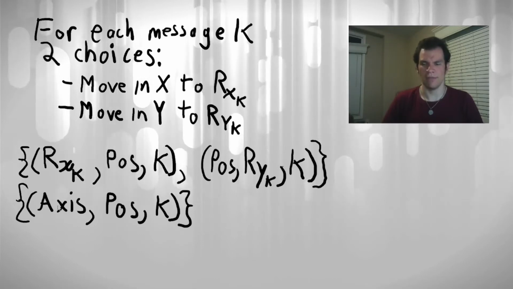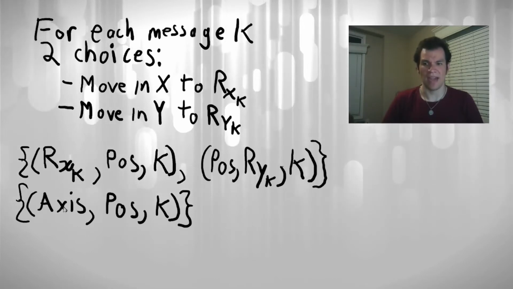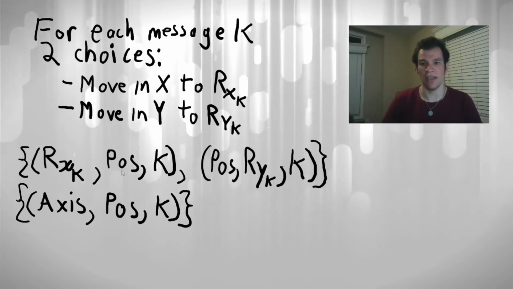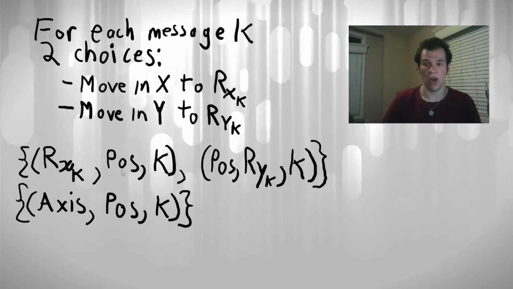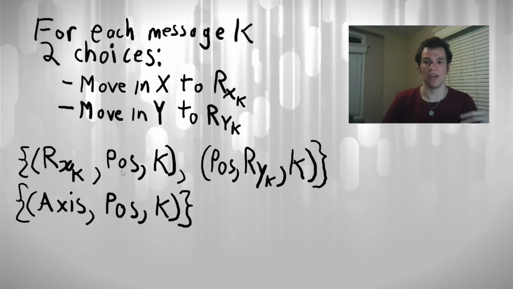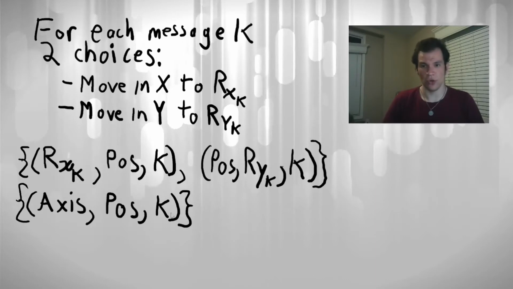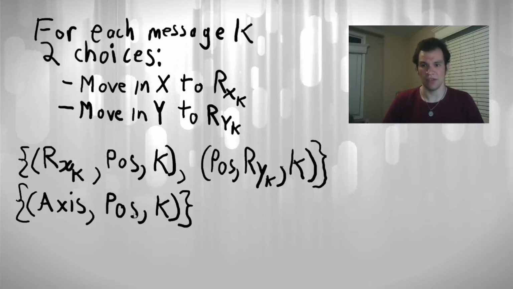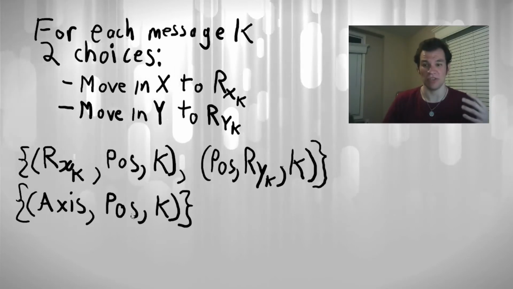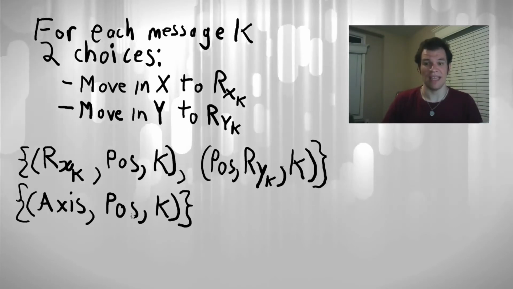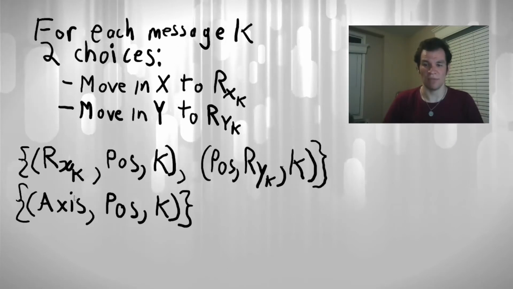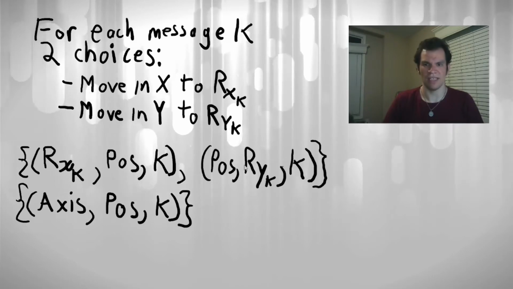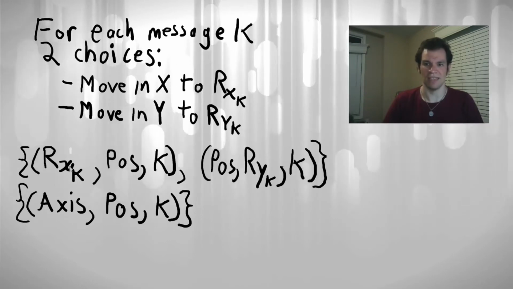Axis would mean if Hermes is matching the X position or the Y position of the next recipient. K would be the number of recipients and POS would be the position where Hermes is in the other axis. From this triplet we could map all of the other triplets in the set.